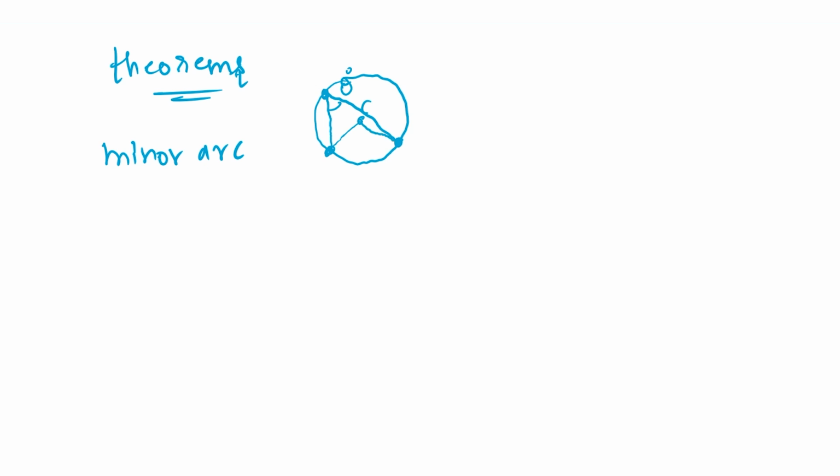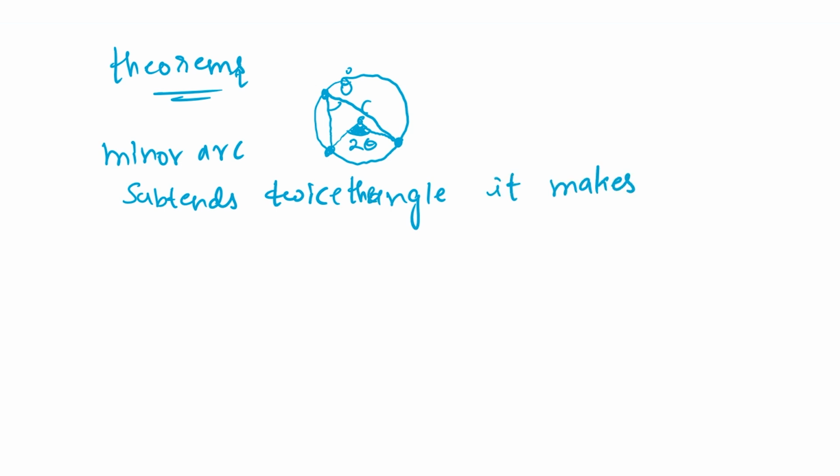So the same arc will be subtending an angle of 2 theta at the center, twice the angle it makes at any point on the circle.